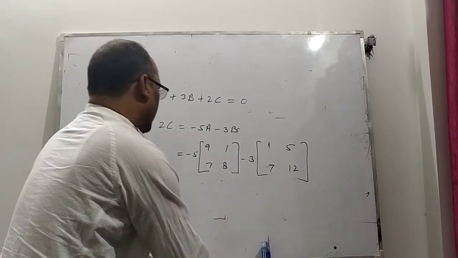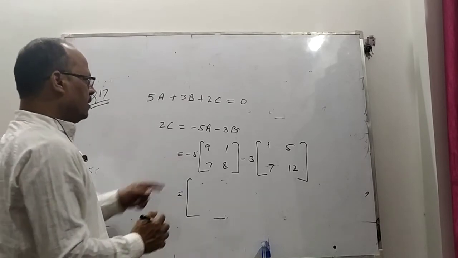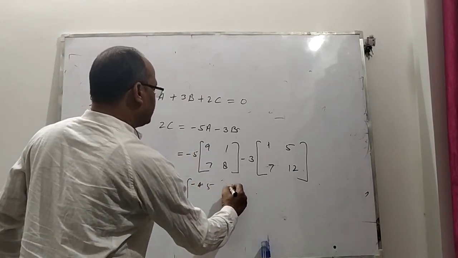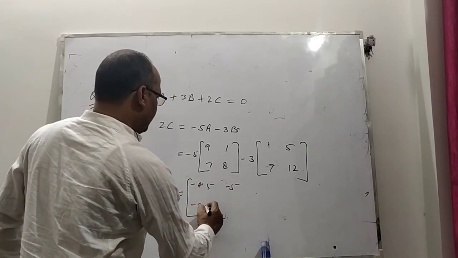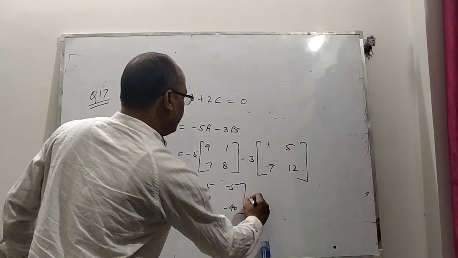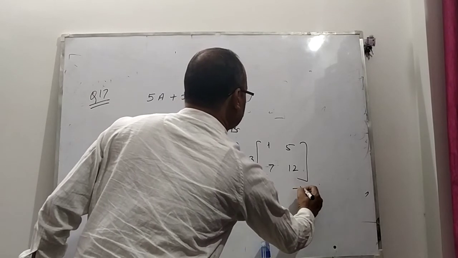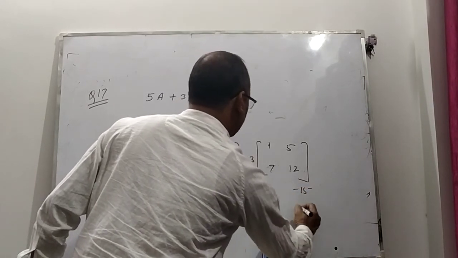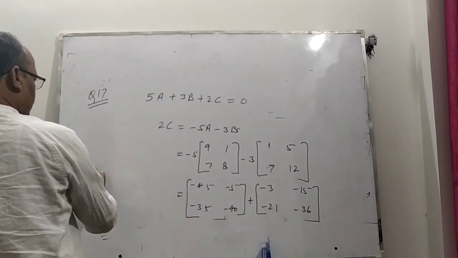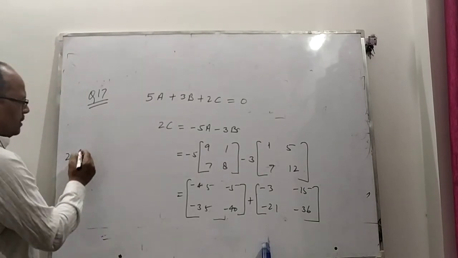Okay, how to find the value of this? I suppose everybody can do this. Minus 45, minus 5, minus 35, minus 40. It will come plus minus 3, minus 15, minus 21, minus 36. Then 2C will be equal to this matrix.